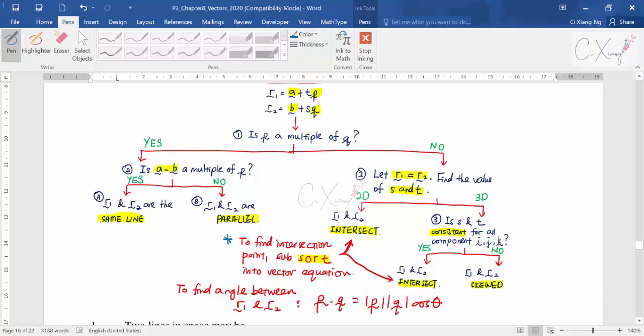First, you need to know how to find the intersection point when two lines intersect. After that, you also need to know how to find the angle between the two vectors. For skewed cases, you also can find out the angle between the vector equations. For the formula here, we are using the direction of the line to find the angle between the two vectors.